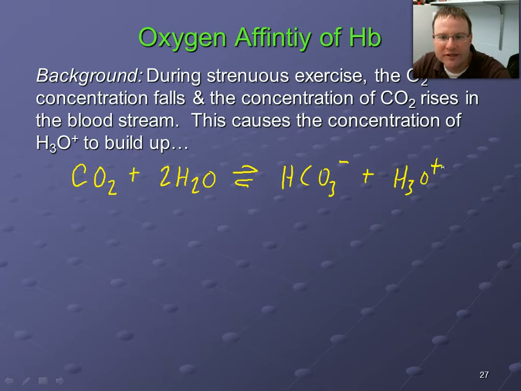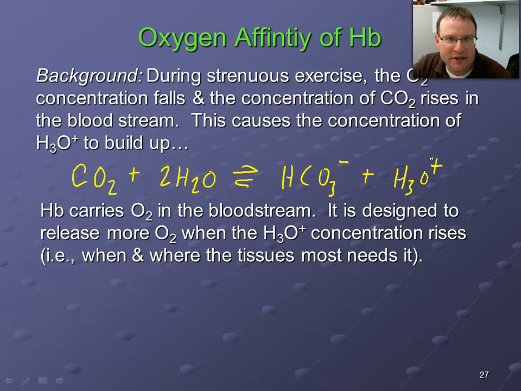So it will increase the acid concentration in our blood simply by its presence. And like I said, there's enzymes that are actually involved to help regulate the direction of this process, but that's another story for another day.